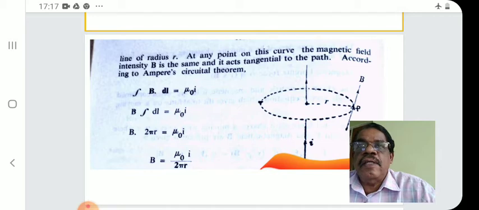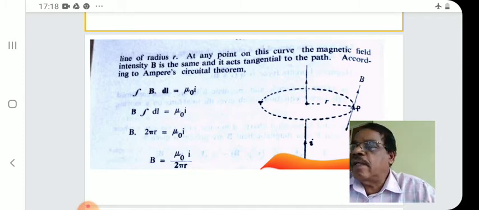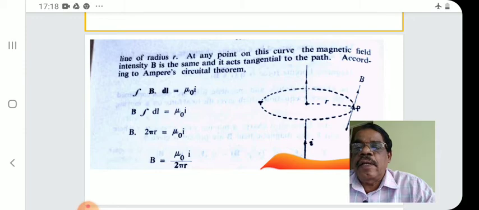The flux density at a point at a distance r from a straight conductor carrying current is mu 0 I by 2πr. And this expression we have calculated by applying Ampere's circuital law, that is line integral B dot dl is mu 0 I. The field for a straight conductor is B is mu 0 I by 2πr.